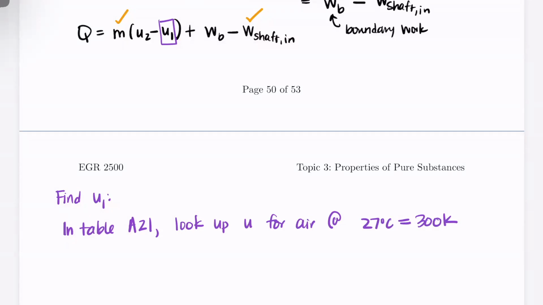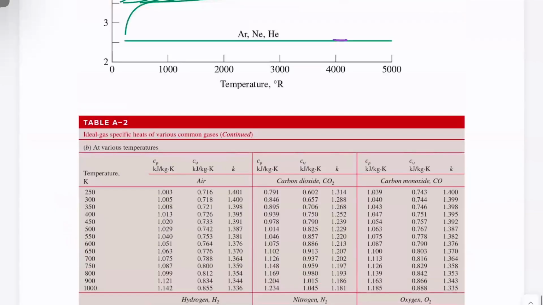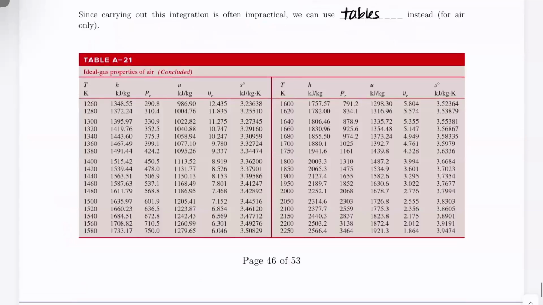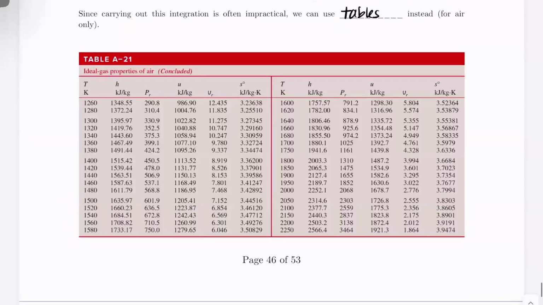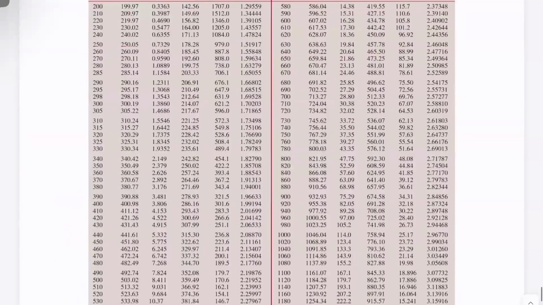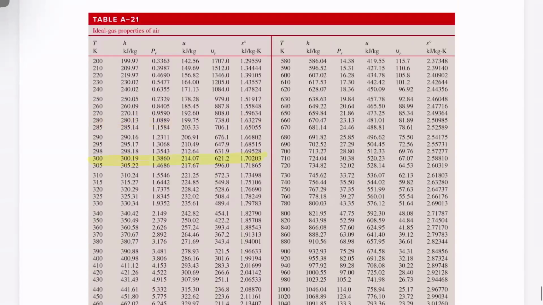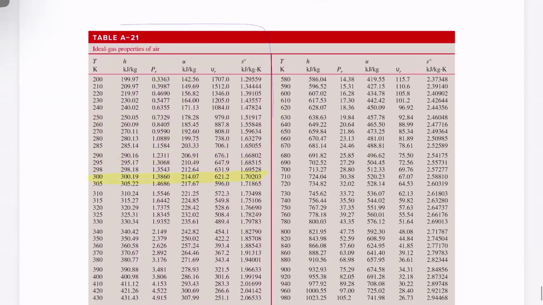Okay, so let's go there. Okay, so here is A21. We want to find 300 degrees Kelvin, which is right here. And I'm just going to take a clip of this to put it right by our work.